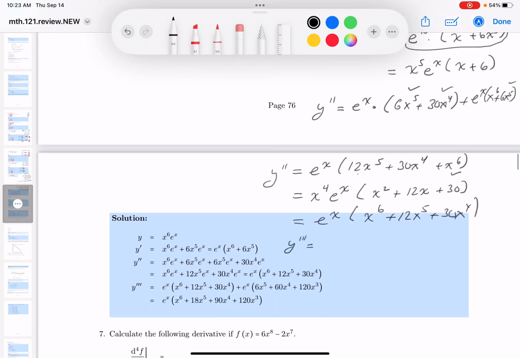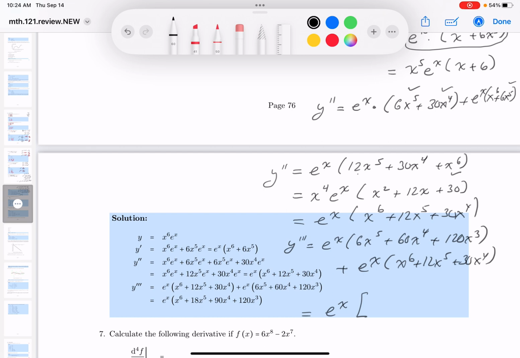What do you get? e to the x, the first function, times the derivative of the second function, which is 6x^5 plus 60x^4 plus 120x cubed, plus the derivative of the first function, which is e^x, and that's going to be x^6 plus 12x^5 plus 30x^4. And granted, it looks nightmarish, but I'm going to pull out the e to the x.